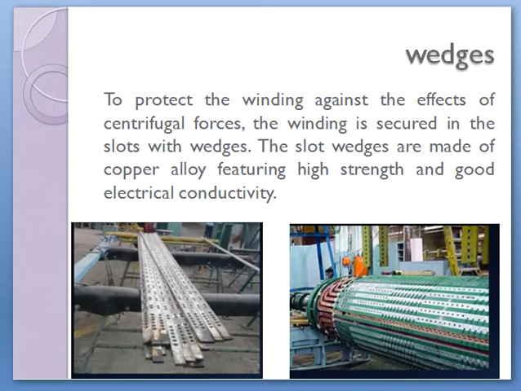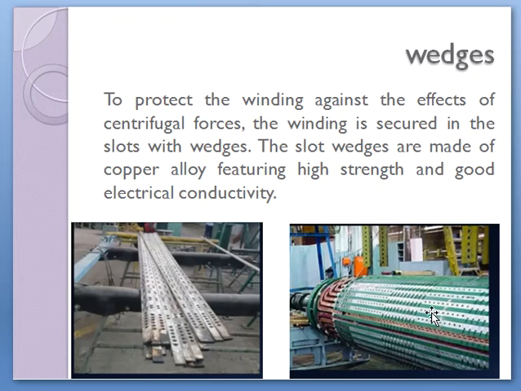The slot wedges are made of copper alloy, because since the wedges are inserted on the top of the windings, we have to keep the conductivity intact. Hence, the wedges are made of copper, which gives high strength and also good electrical conductivity.